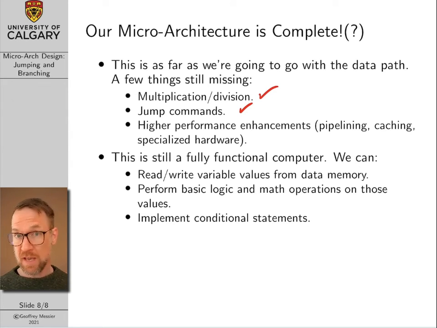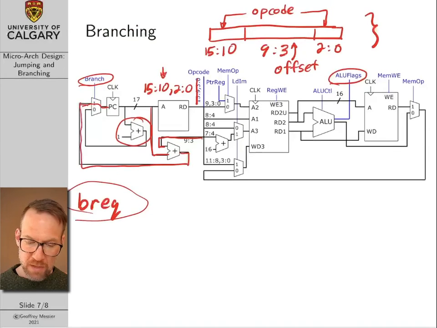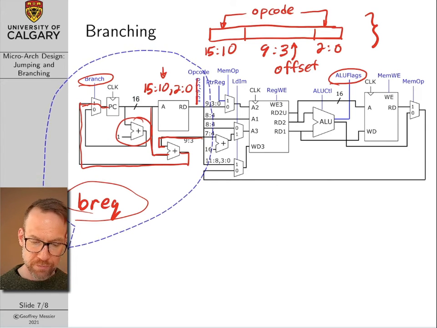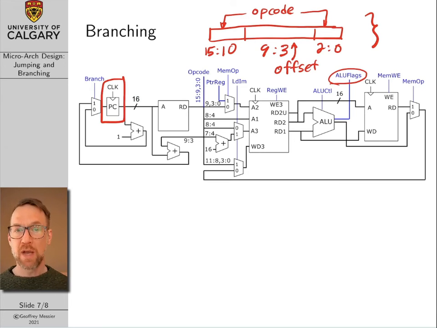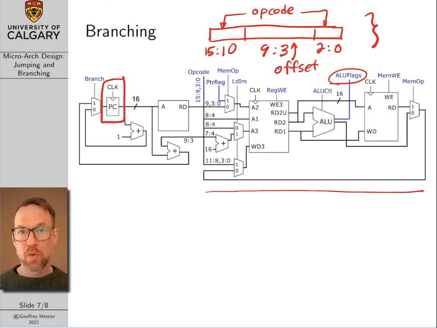So in that sense, we've created a fully fledged computer. We have not, however, yet talked about how to improve our design to enhance its performance. As we're going to see later on in the class, this design basically executes one instruction per clock cycle. If we go back to our picture here, fundamentally, our program counter updates on every rising edge of our clock, and so we feed a new instruction into our data path once per clock cycle.